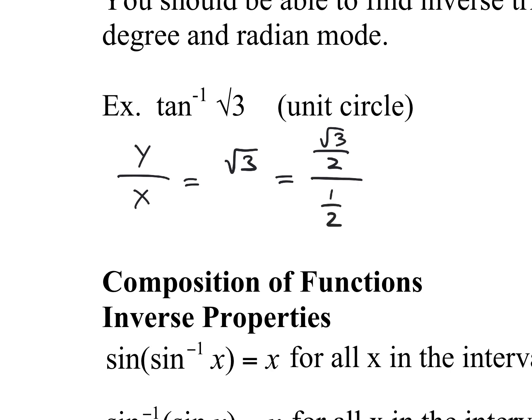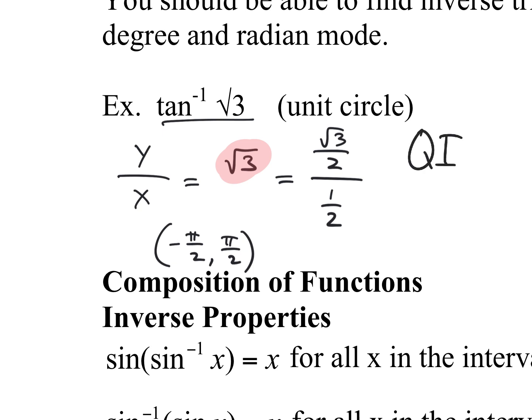Right, that would simplify down to root 3. So where on our interval for tangent between negative pi over 2 and positive pi over 2 does tangent equal root 3? Well, it happens when tangent's positive, so I know I'm in the first quadrant.